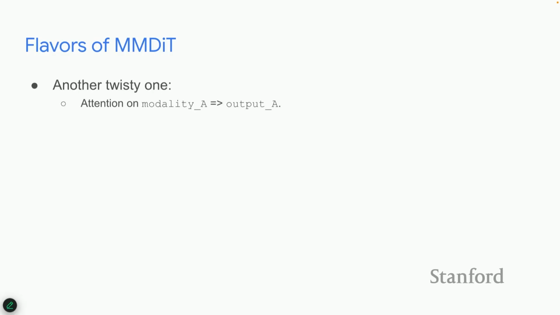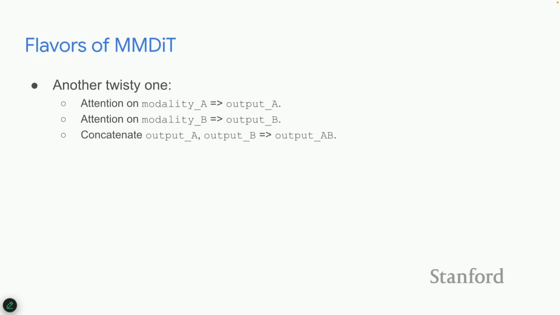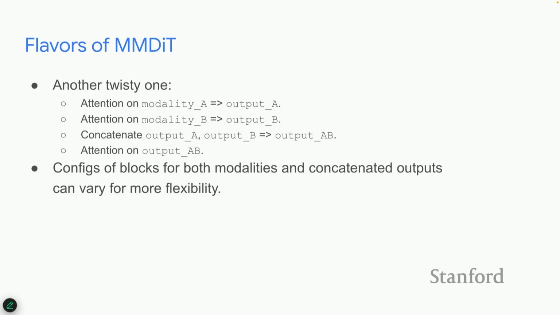Another twist could be: you have modality A, you compute output A by passing it through a bunch of transformer blocks, and then you have modality B, let's say text embeddings, and you pass it through another set of transformer blocks. You concatenate these outputs, pass them through another set of transformer blocks, and then you have your final output.